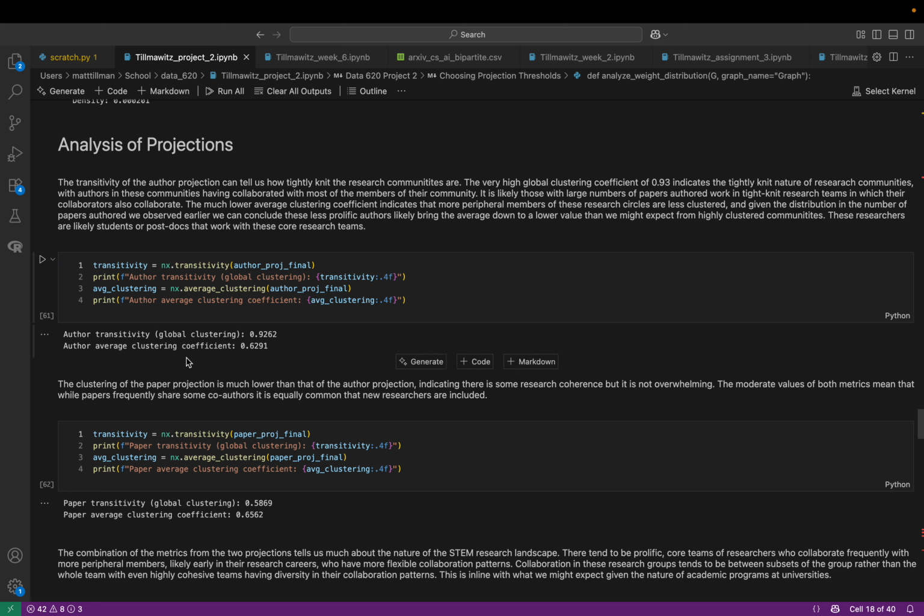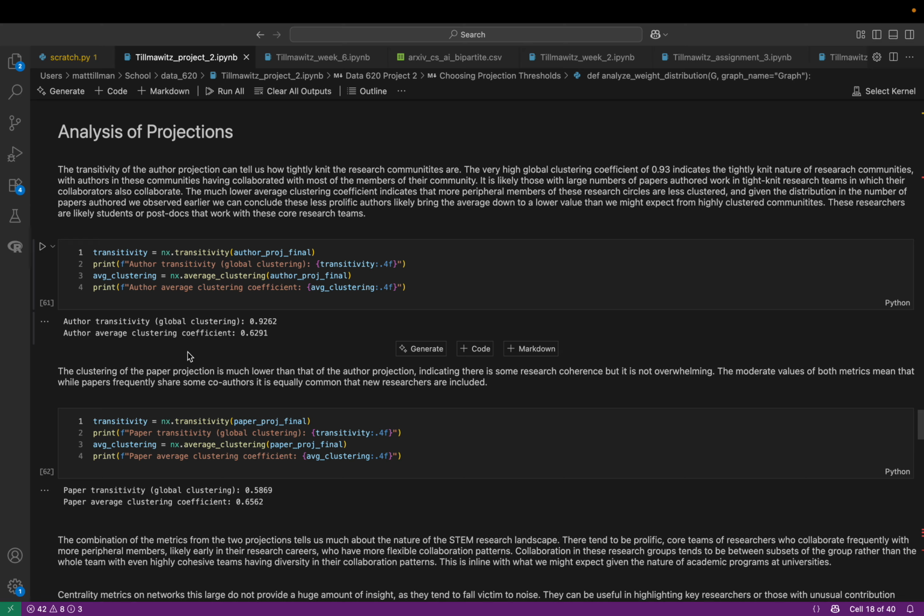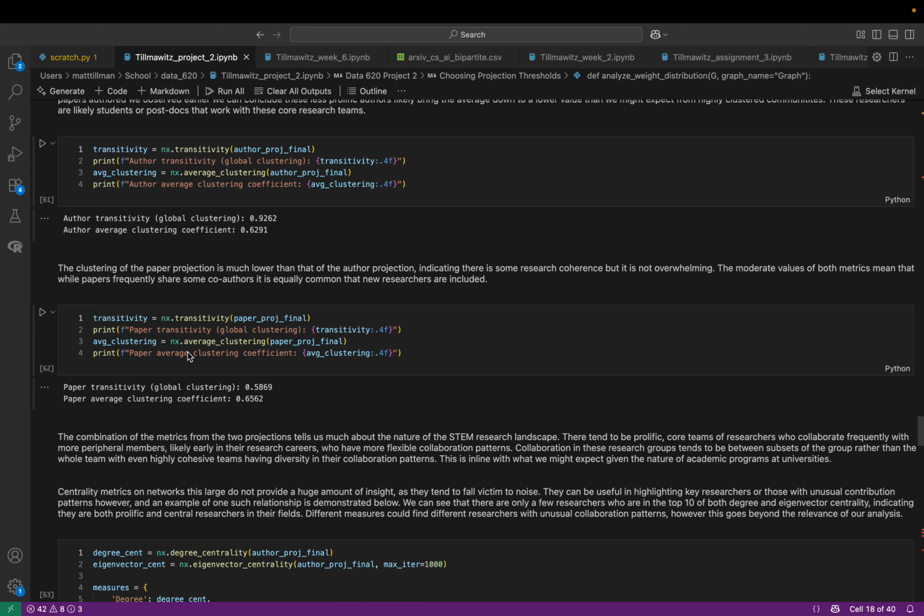There is a significantly lower average clustering coefficient, although, as we've seen, given the nature of most authors to have not contributed a huge body of research, that is likely pulling this average down and is slightly deceptive. We kind of expect there to be a much more tight-knit relationship among authors with a significant contribution to their field.